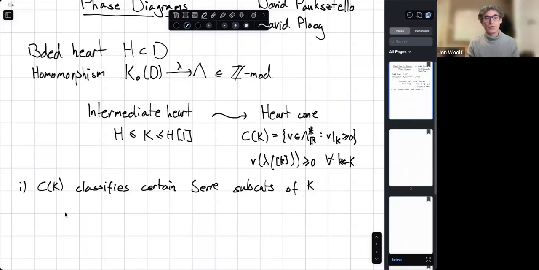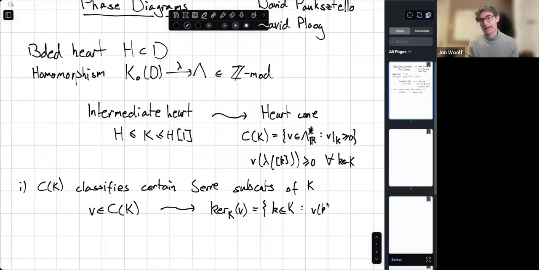Okay, so what I mean by that is if we're given some vector v in this cone, then there is an associated kernel subcategory that I'll denote by kernel sub K of v. So this is all of the k in K, such that v of k is actually equal to 0.